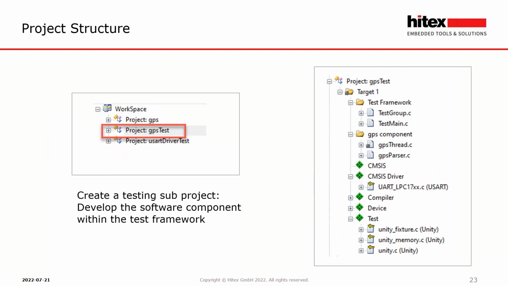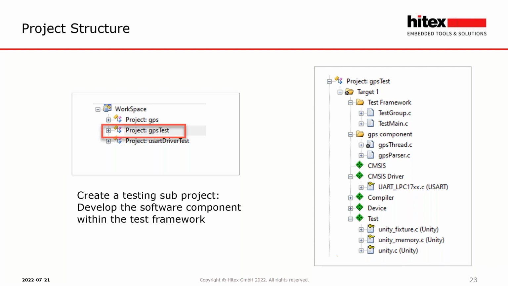Again, as we're structuring our project, as I mentioned before, typically this now means that we will end up with a range of projects. So at the top here, we might have our main application project, which we're developing, but we can build our software components in a set of sub-projects. This is just the code for a specific software component.